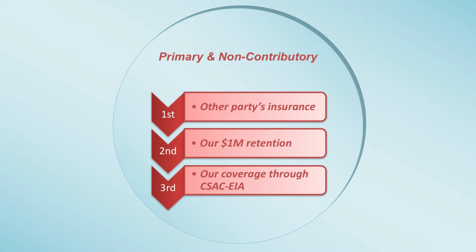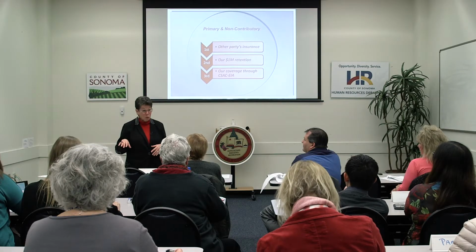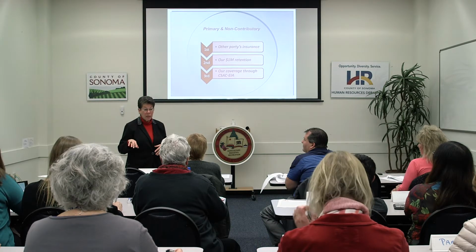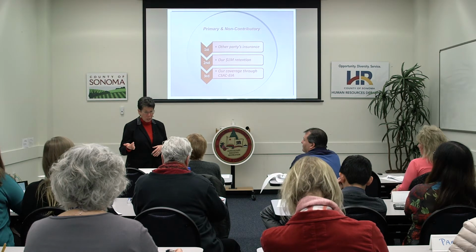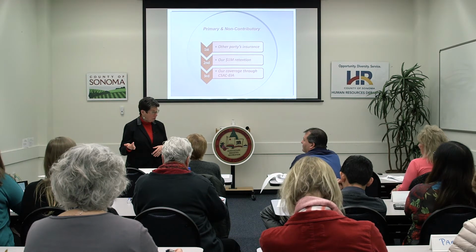Think about our position. As the county, we have insurance in a risk-sharing pool, the CSAC EIA. That insurance has a $1 million retention. Without going into great detail, that means we are responsible for the first $1 million of every claim. So, we don't want to touch our $1 million retention, thank you very much.